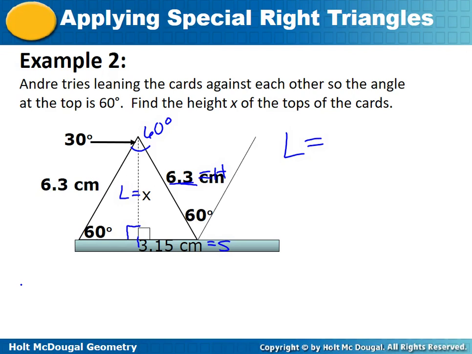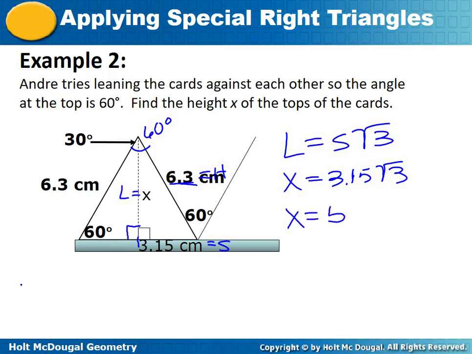Long leg is equal to the short leg times the square root of 3, right? So x is equal to 3.15 times the square root of 3. Then we're just going to multiply that. When we multiply that, we get 5.5. I think it's 5.45 or something like that, so we're going to round it up. So it's going to be 5.5 centimeters.